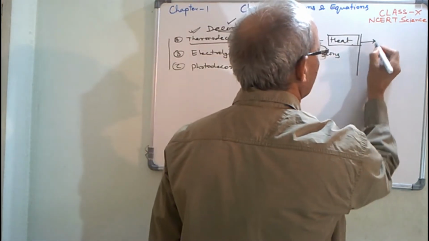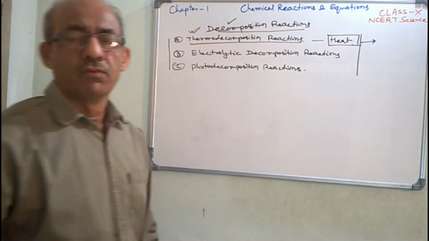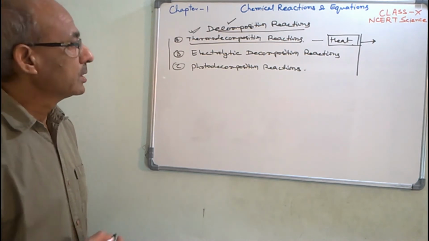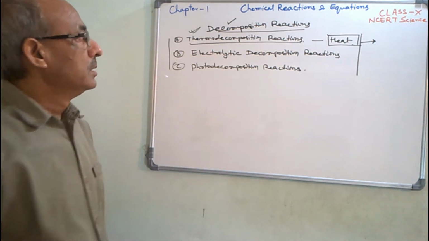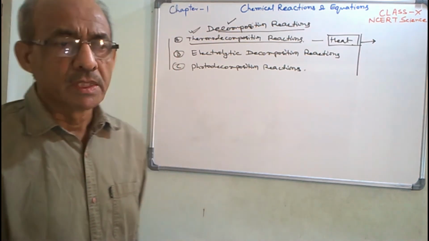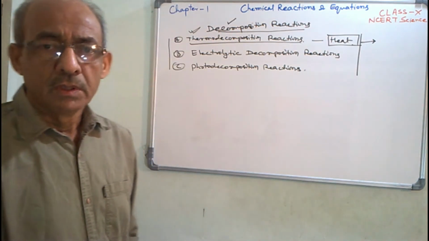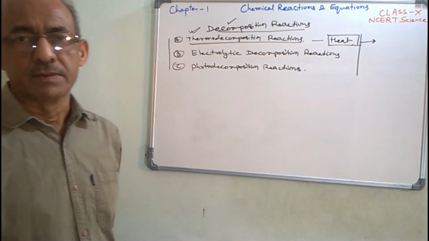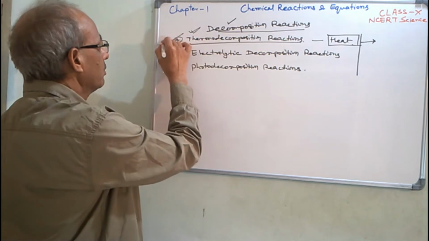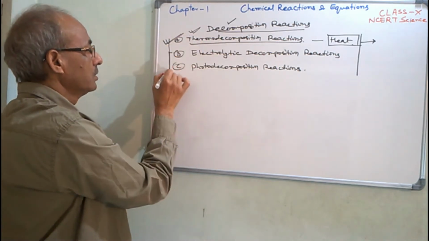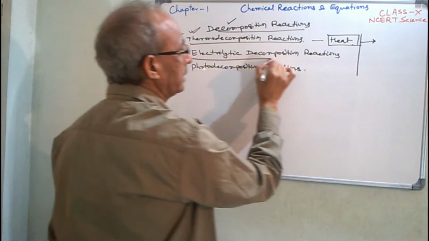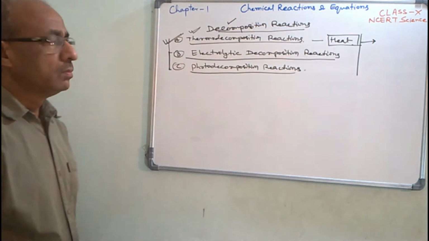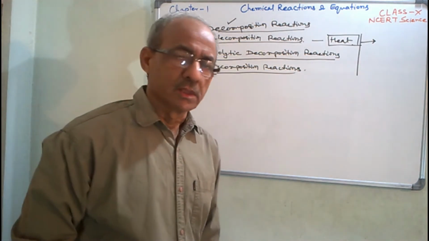Energy may be involved in three forms during chemical reactions, particularly in decomposition reactions. Based on the type of energy, the decomposition reactions may be classified into these three types. The first type we have already discussed. In this session, we will discuss the electrolytic decomposition reaction and photo-decomposition reactions.